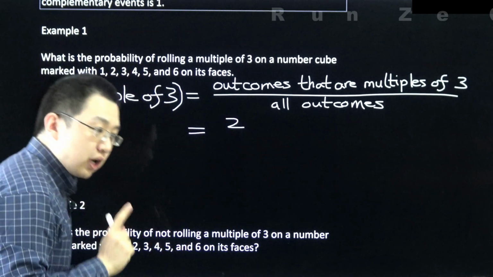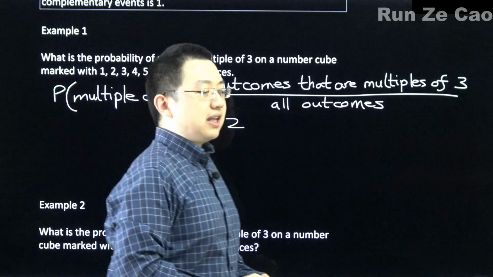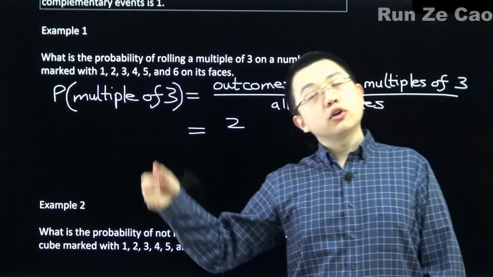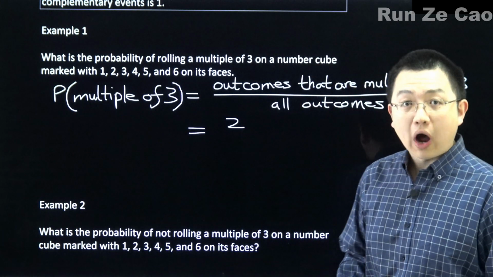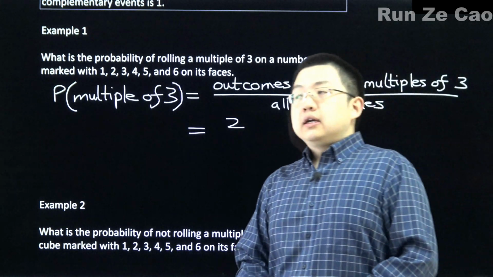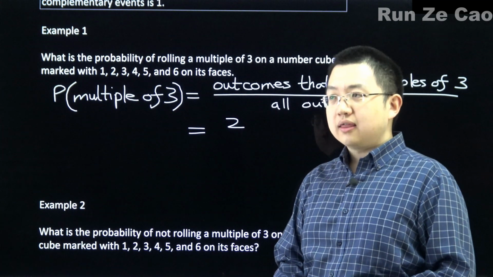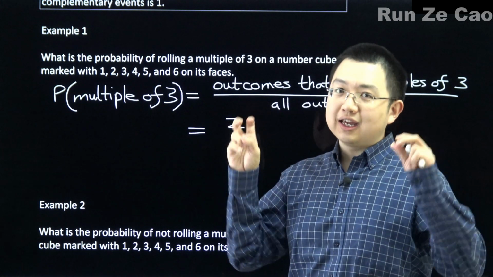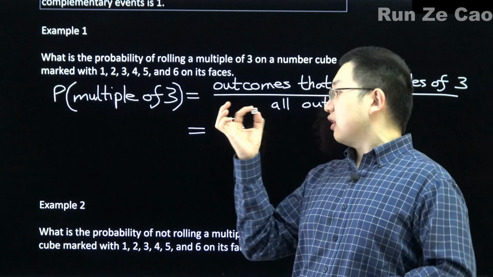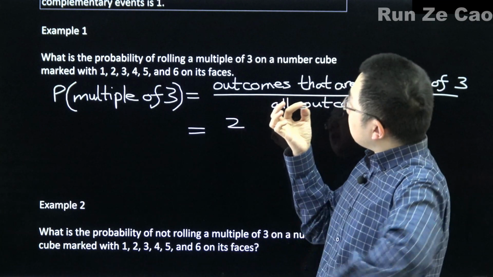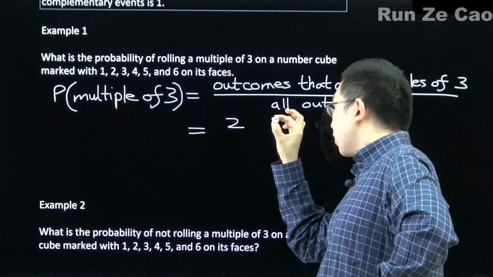Now, unless we're told otherwise, we assume that a die, or a number cube as they call it, has all faces equally likely to show up. We all know that equally likely is a bit theoretical, because if you look at this die, you see that there are dimples in it for each of the dots.